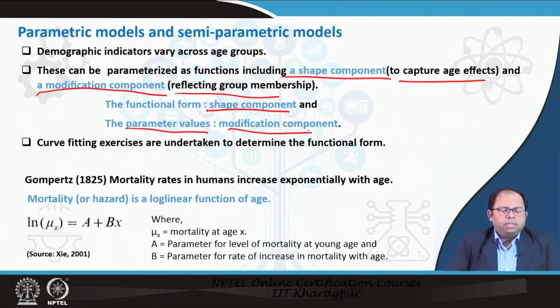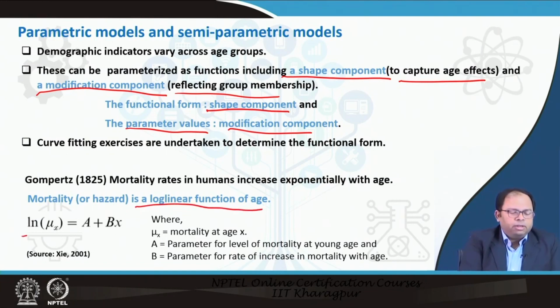So, Gompertz in 1825 said that mortality rates in humans increase exponentially with age. This is a particular law that was framed, and when we make a parametric model out of it, we can say mortality or hazard is a log linear function of age, as you can see over here.